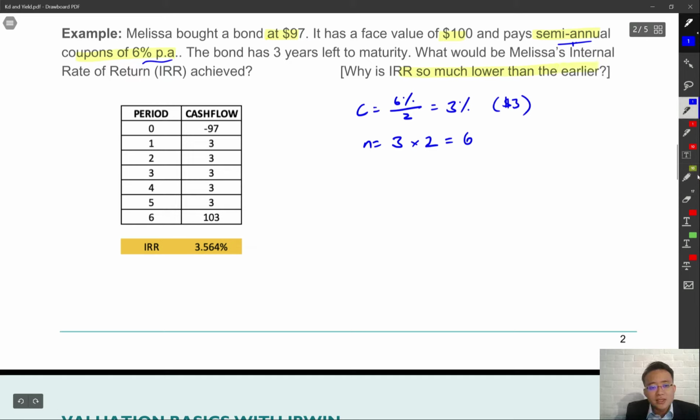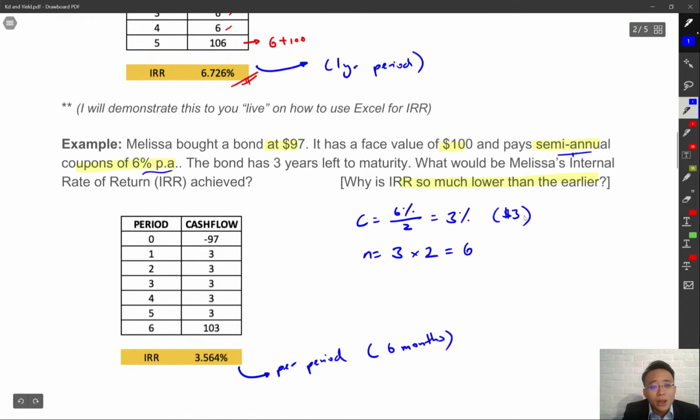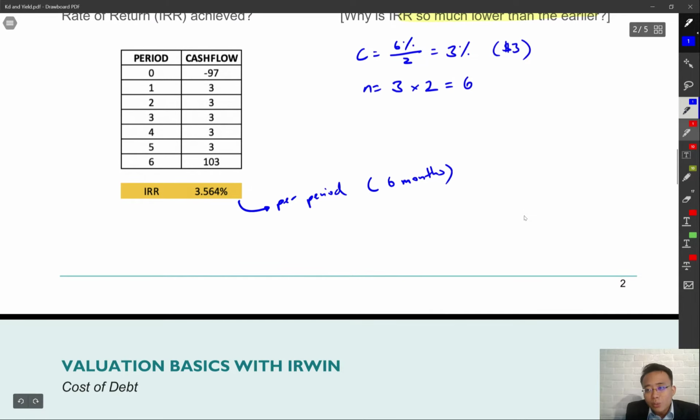Because this is showing you the return per period. And remember, your period here is 6 months, semi-annual. Whereas above, it's also showing you the return per period, but this is for a 1-year period. So, if I want to really compare them, to make them apples to apples, I would have to do this.